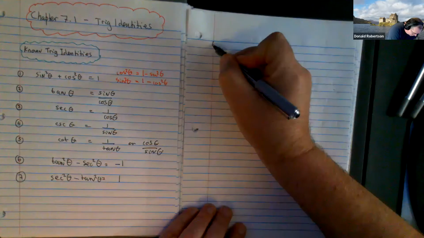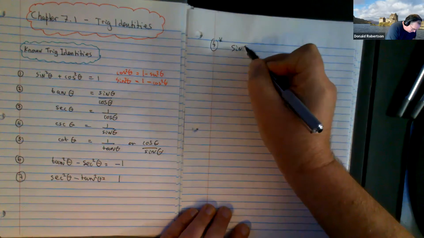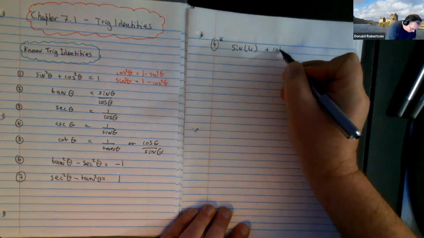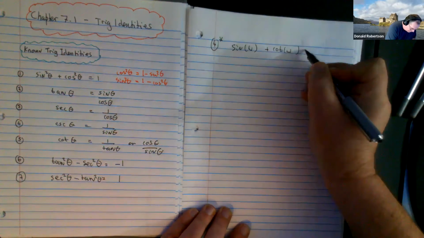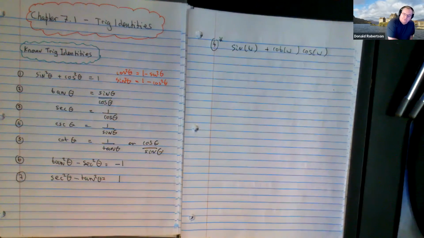So this is a version of question 4. I have a sine of u, and we have a cotangent of u, and we have a cosine of u. Okay. Anything you think we should do?